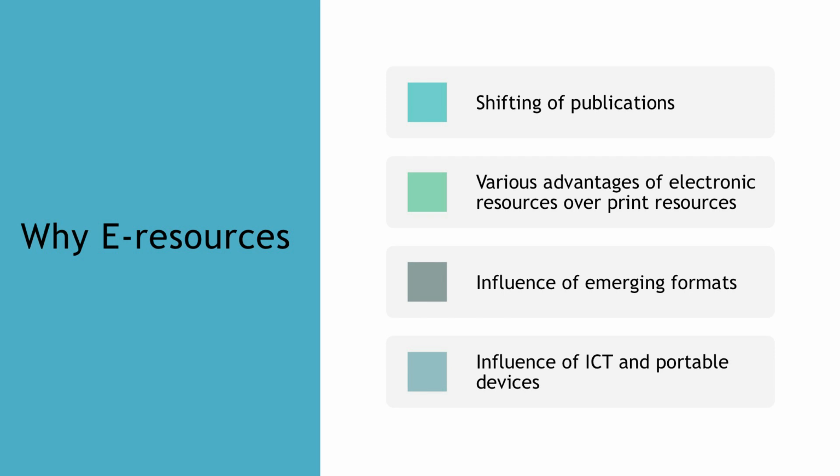The second prominent reason for acquiring electronic resources is the various advantages of electronic resources over print resources. Electronic resources can be easily integrated with other systems. One of the most important advantages is that they are searchable and can be linked with discovery services.